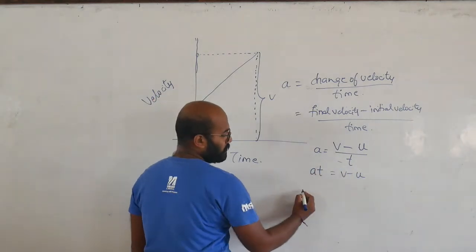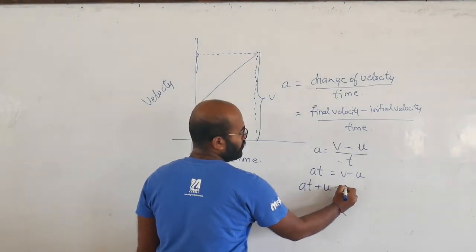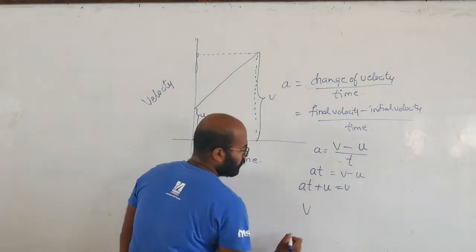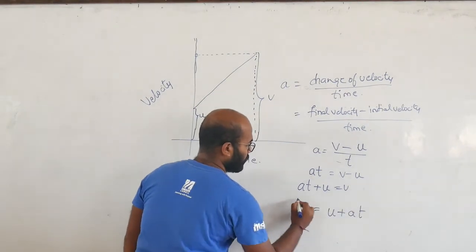So at plus u is equal to v. Let me rearrange: v is equal to u plus at.